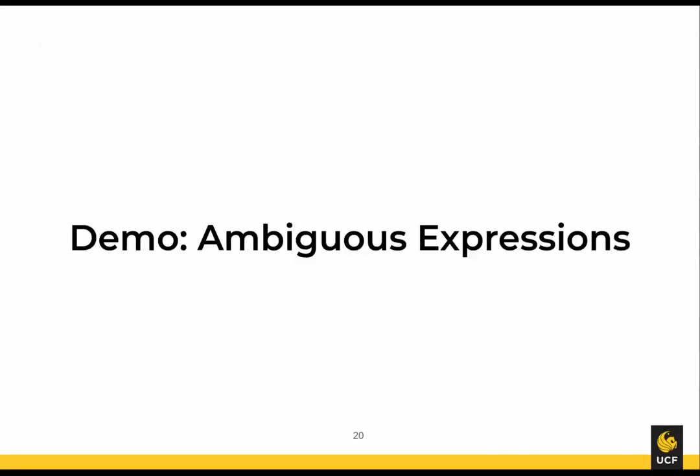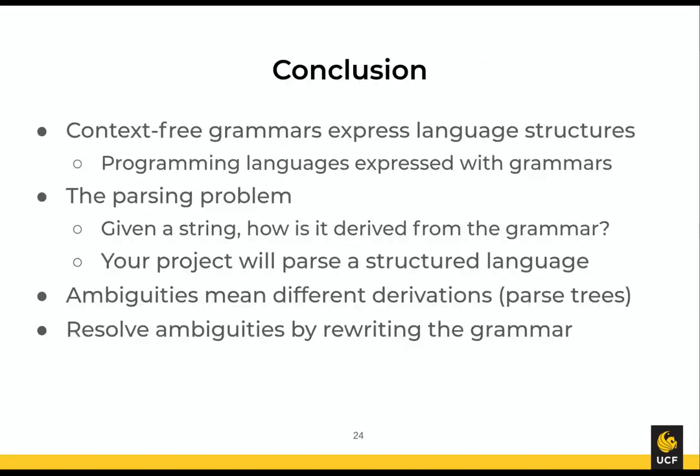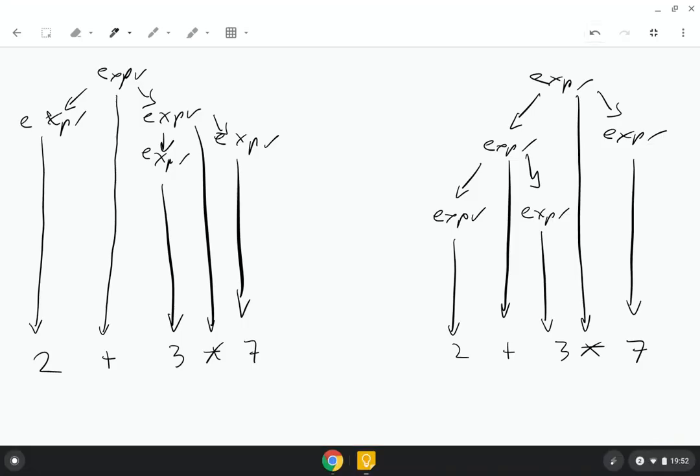So to see what this looks like, let's take our original grammar, and I'm going to start writing this with a single character instead, to make it a little faster. So our original grammar looked something like this.